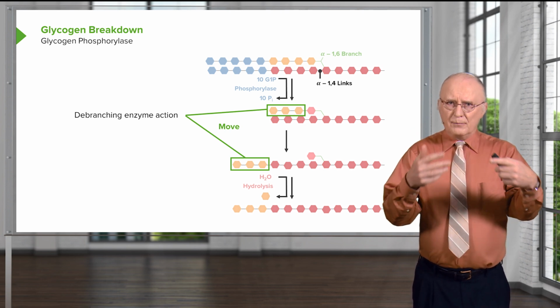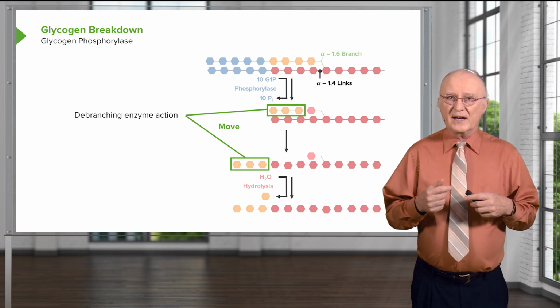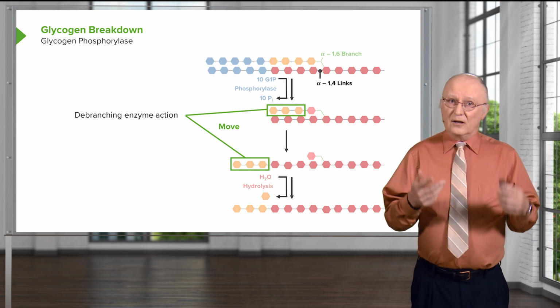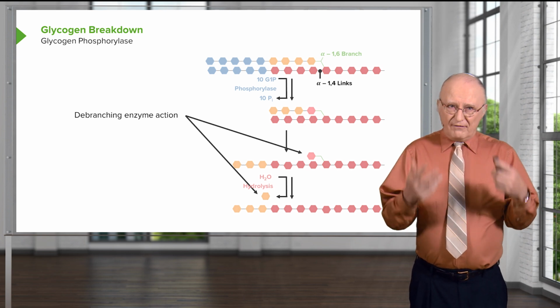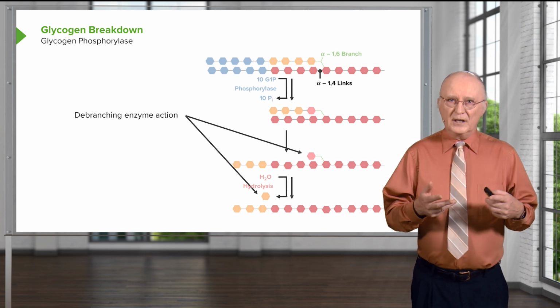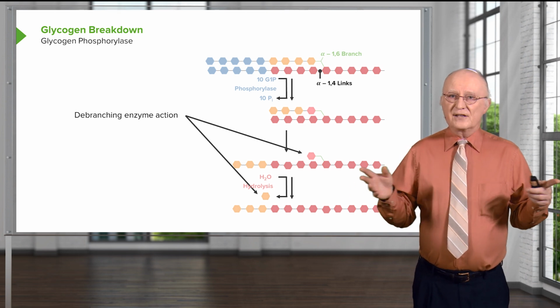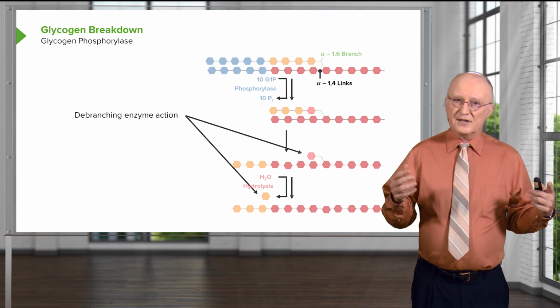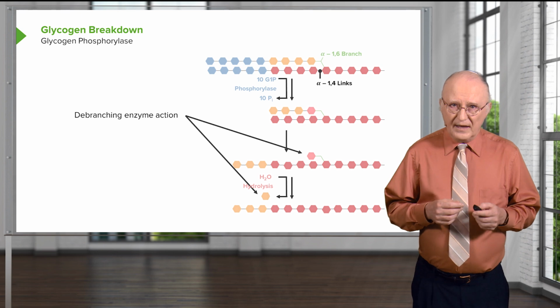That last molecule is removed by a hydrolysis reaction. So water is actually used to release that, and glycogen debranching enzyme catalyzes that reaction. So it's a very flexible, very remarkable enzyme in doing what it does, but because of that, you can see that an unbranched form is now left behind, and glycogen phosphorylase can come back in and continue the phosphorolysis that it was doing originally.